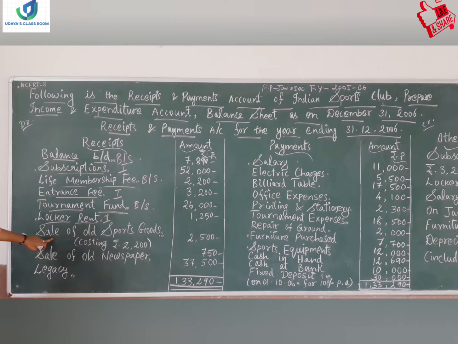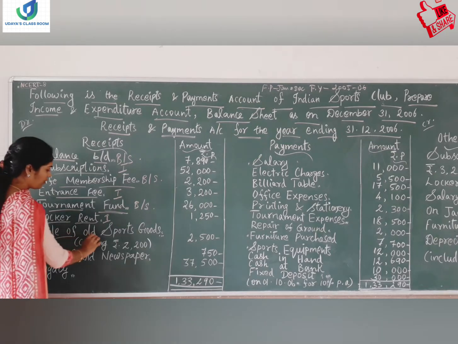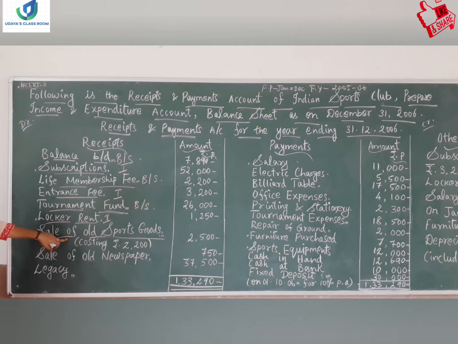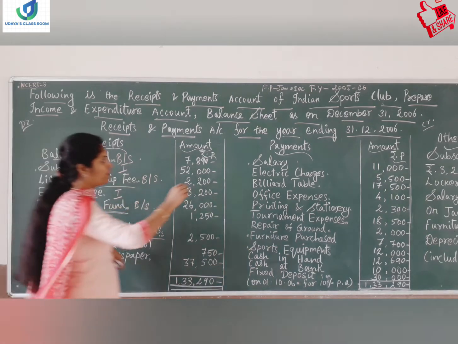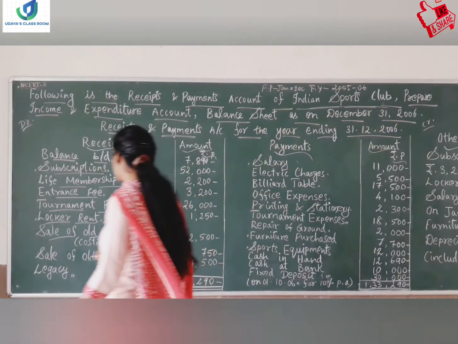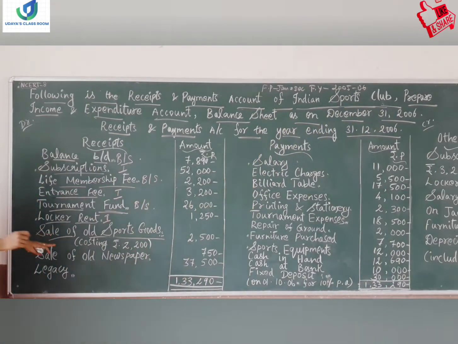And next is sale of old sports goods. Suppose this not-for-profit organization, so already you have seen, right, this is Indian Sports Club. So it is obviously a sports club only. It will be having some sports materials and all other things. So when it becomes old, the not-for-profit organization will be selling the old sports goods and all other things.